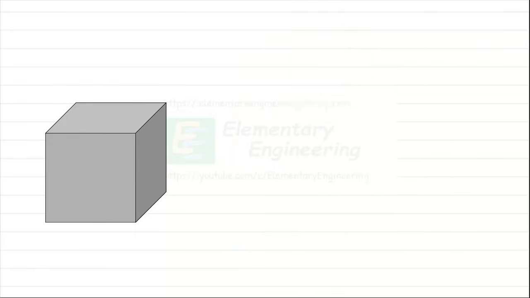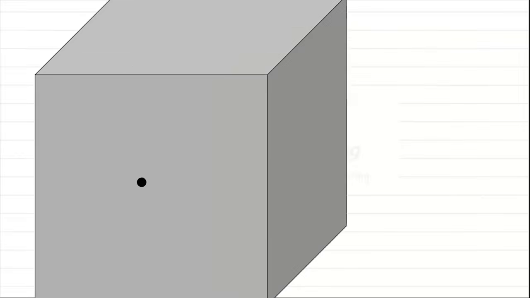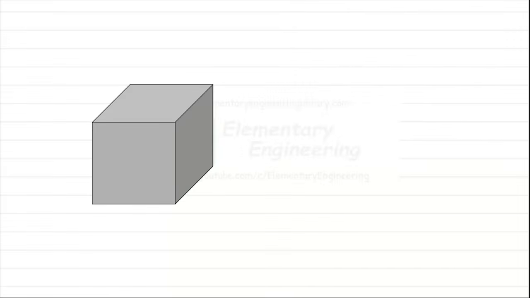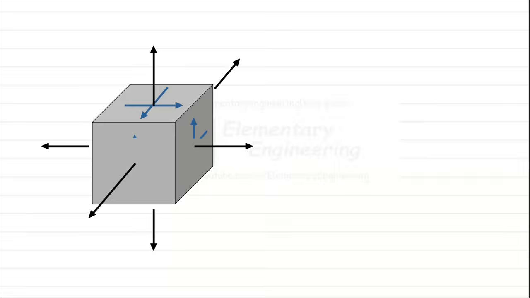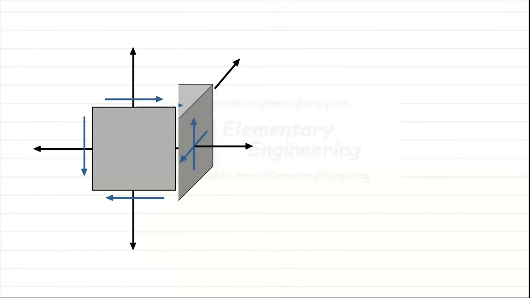Instead of dealing with the entire body, we simplify the problem. We zoom into a single point inside the material and imagine a very small element around it. We show the stresses acting on this element from all the directions as normal and shear stresses. To simplify this even further, instead of a three-dimensional cube, let's consider a two-dimensional square.